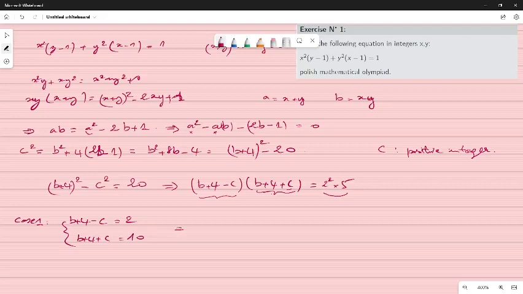So if we add these, we get b plus 4 equals 6. If we subtract these two equations, we get c equals 4. These imply that b equals 2 and c equals 4.